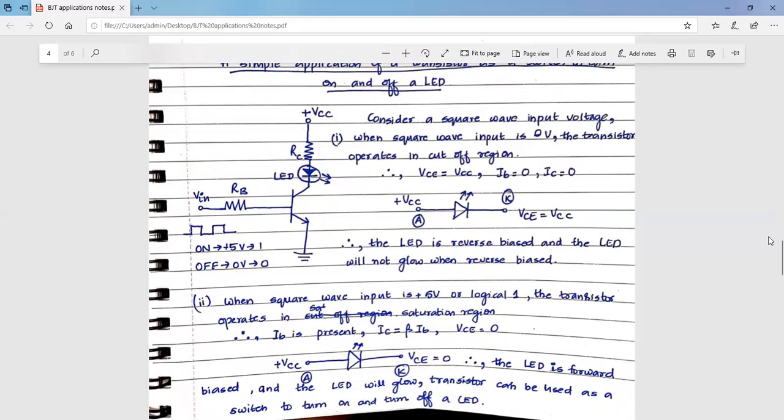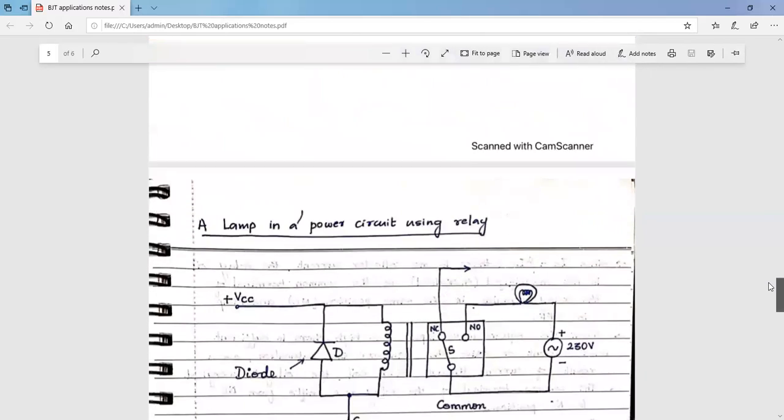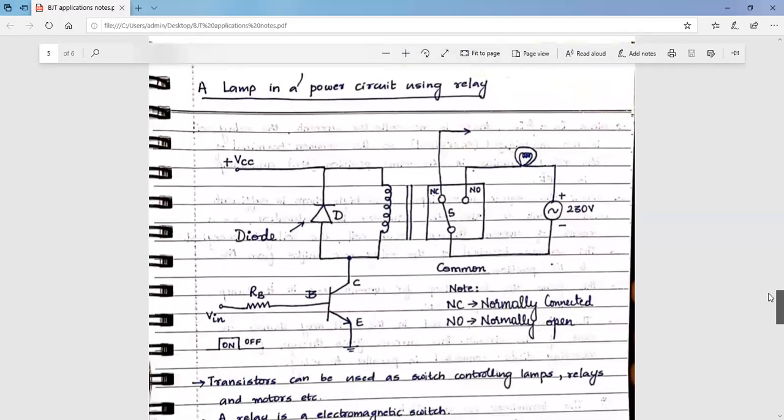Clear? Now let us see the last topic in the transistor applications, that is a lamp in a power circuit using relay. Clear? So here, if you closely observe the circuit, again we are going to give a square wave, that is off and on, right?